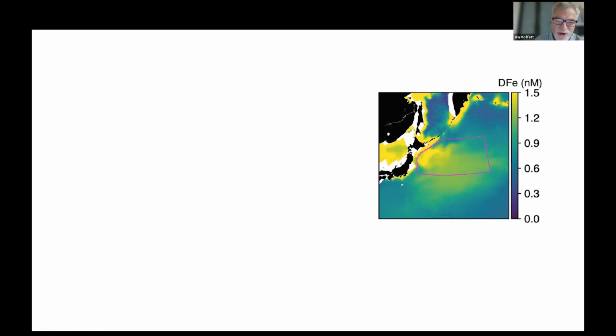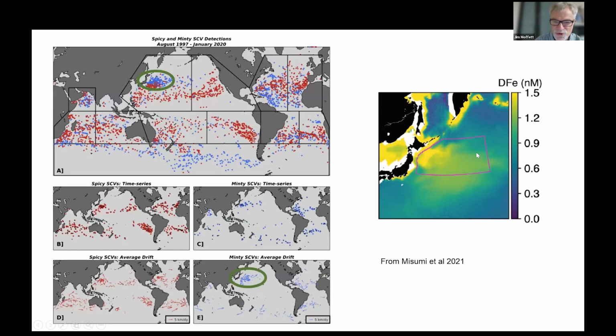Intrinsic to this model is the role of eddy-mediated transport offshore. And it's interesting that this area corresponds with a high density of minty submesoscale cyclical vortices identified by Danny in his data set. They're indicated in blue here.